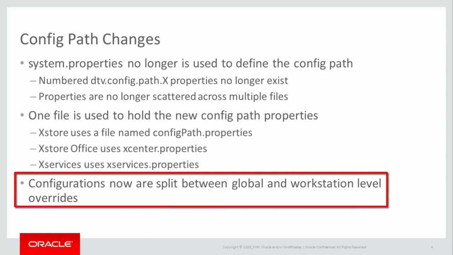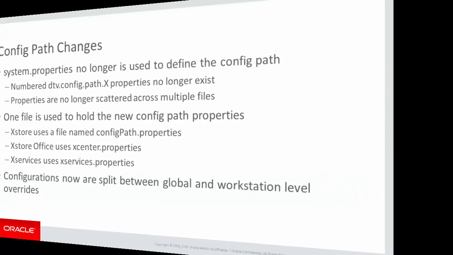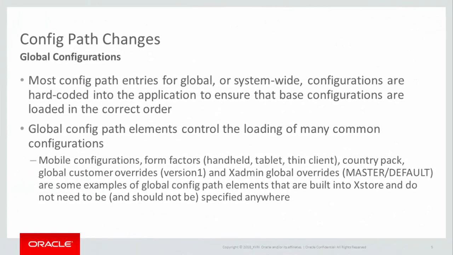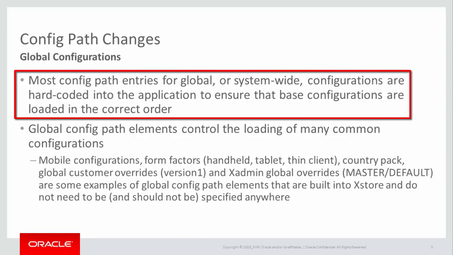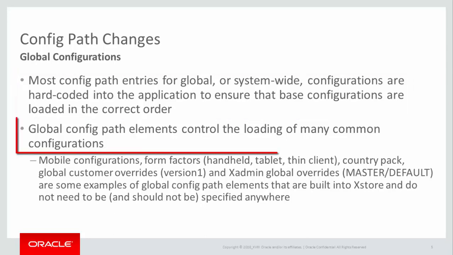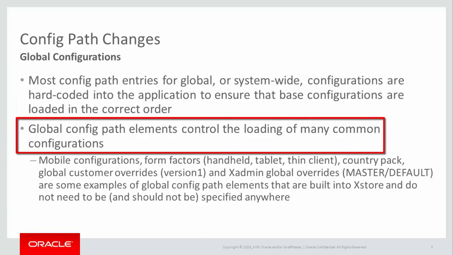Configurations now are split between global and workstation level overrides. Global configurations. Most config path entries for global or system-wide configurations are hard-coded into the application to ensure that base configurations are loaded in the correct order. Global config path elements control the loading of many common configurations.